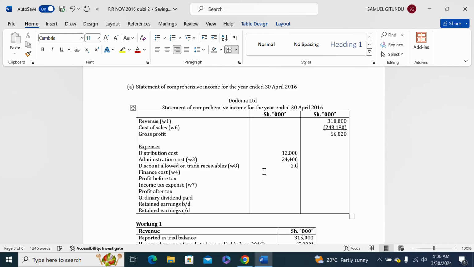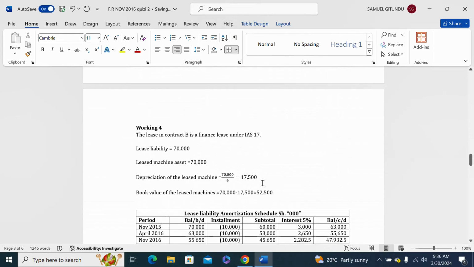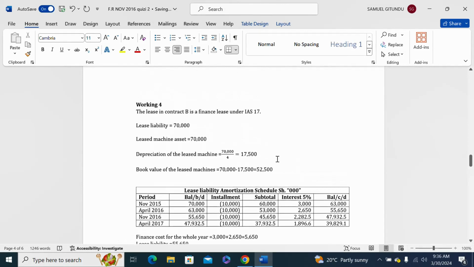Discount allowed is an expense. Then we have the finance cost in our working note number 4. Finance cost is 5,650,000.